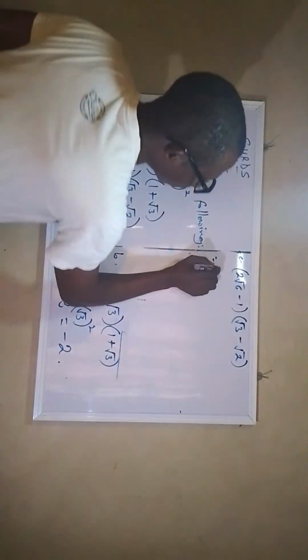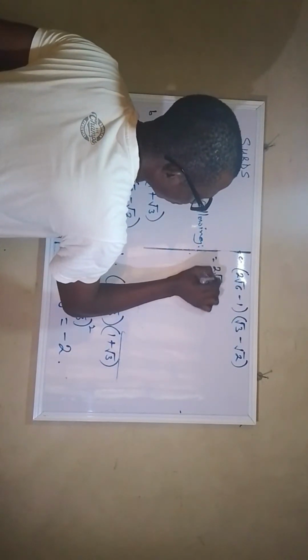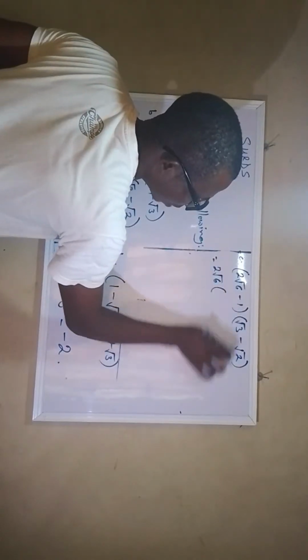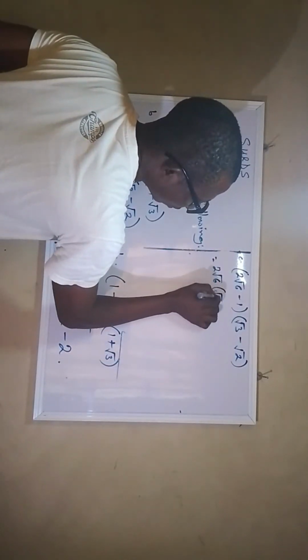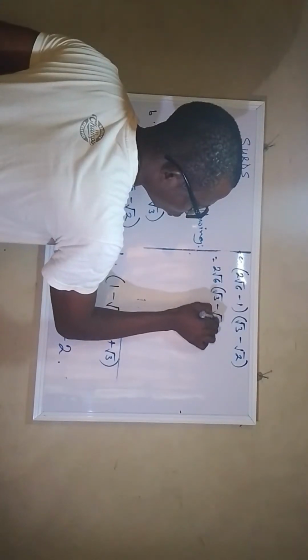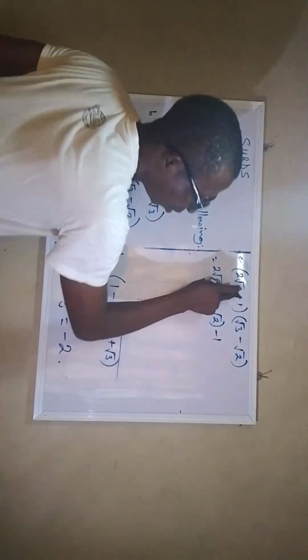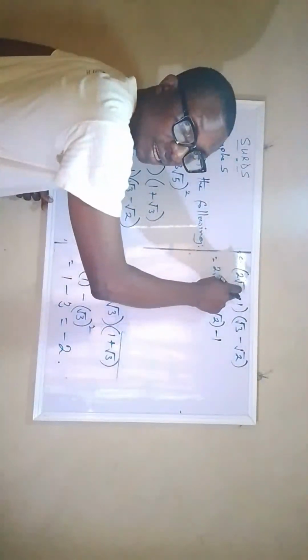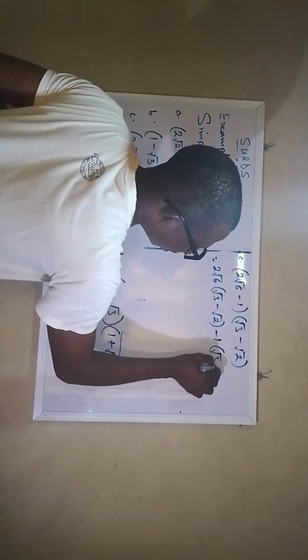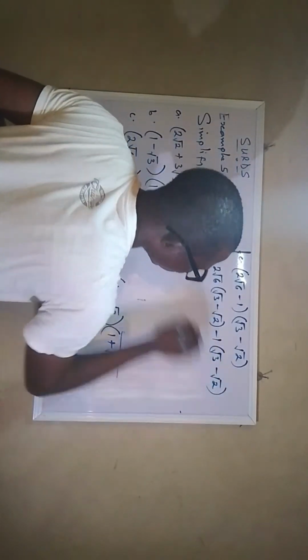So we have 2 square root of 6 times everything we have here. That's going to be square root of 3 minus square root of 2. We pick the second one, so that's minus 1. Always remember to pick the sign with it. Minus 1 times square root of 3 minus square root of 2.